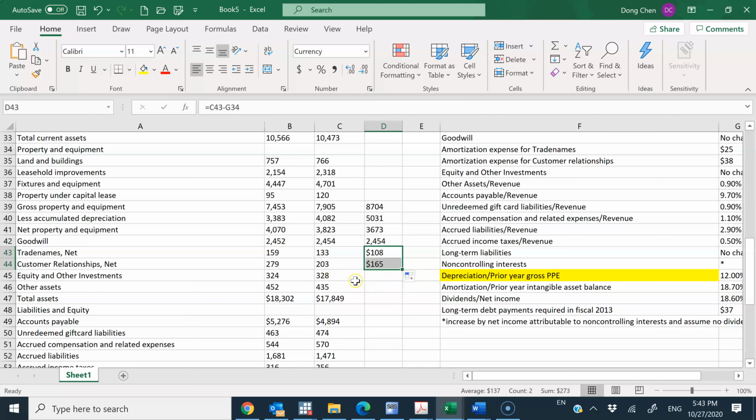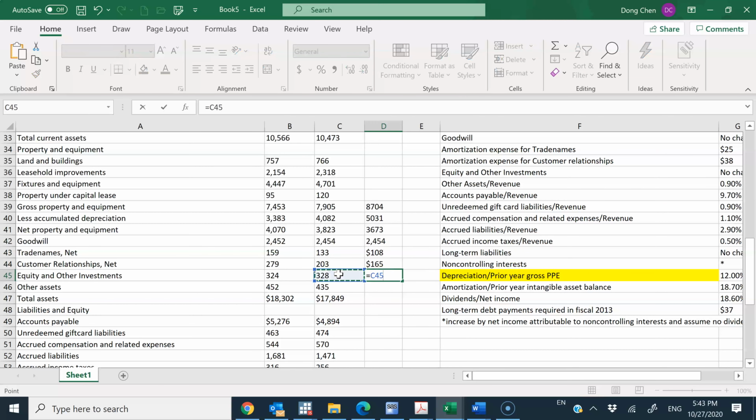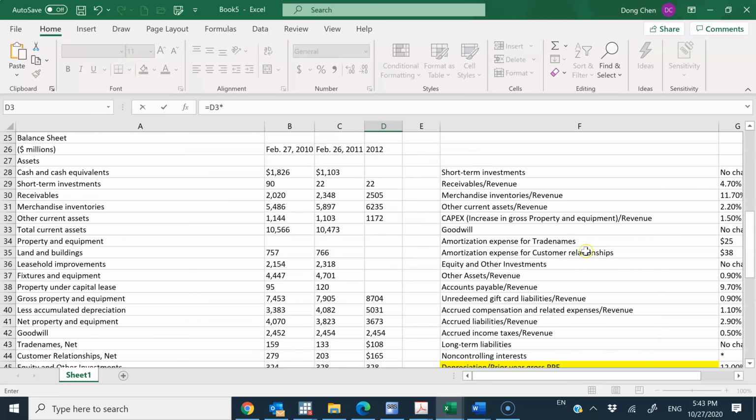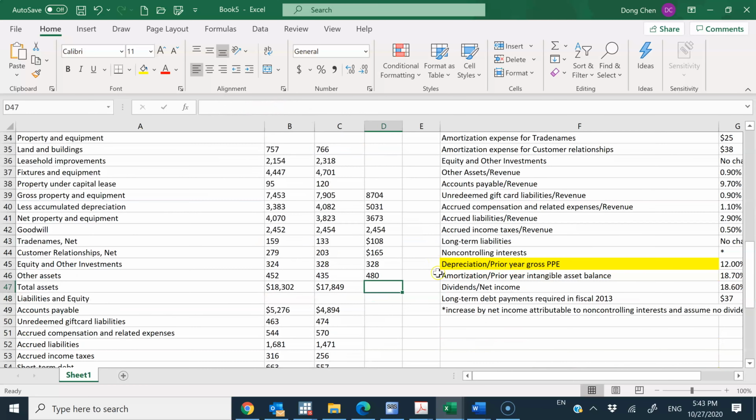And equity and other investments, there's no change. So we just put the same amount as last year's. And other assets is assumed to be a percent of revenue. So we can use that information: it equals the new revenue times this percent other assets here. And again, I want to use the round function to round this to the whole dollar.